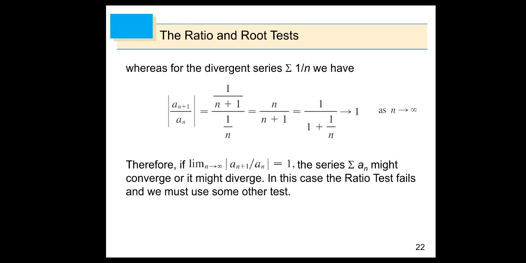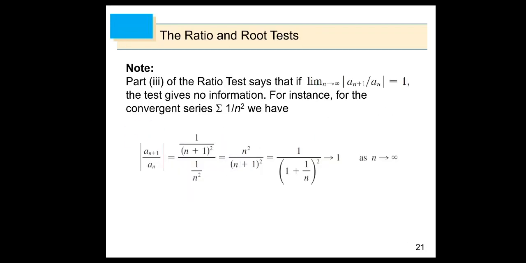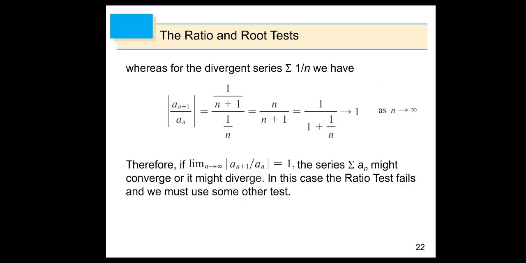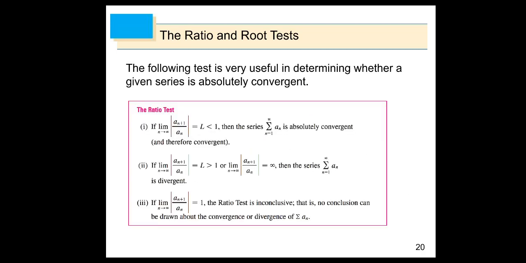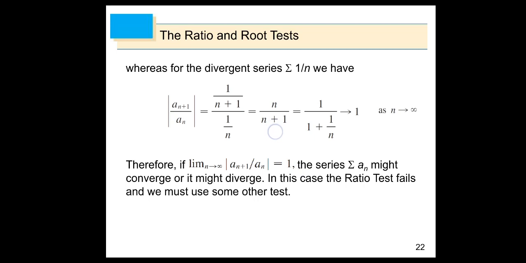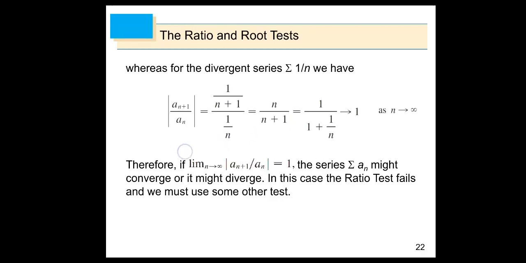Now this was for a convergent series. Now we're talking about a divergent series, where we have sigma 1 by n. Sorry guys, my bad. You can clearly see over here, what do we do with the original series?